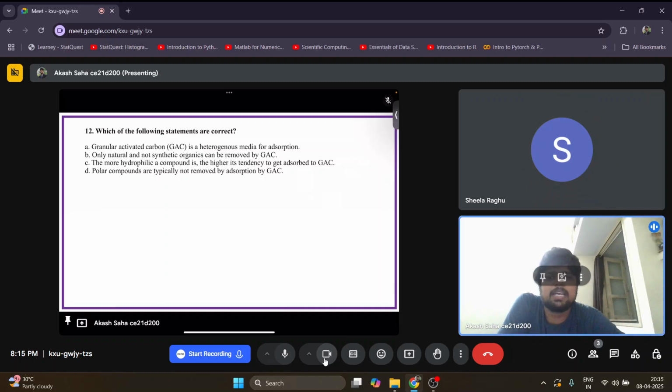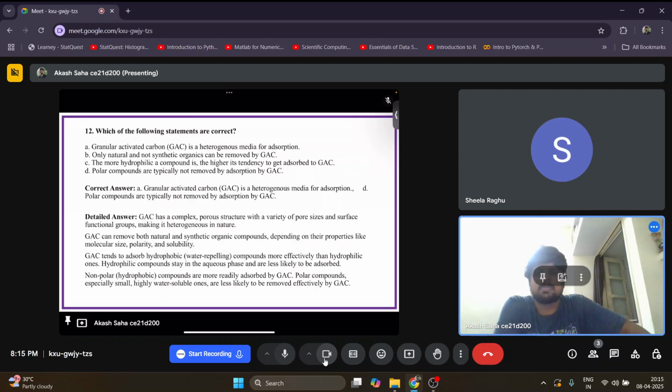You know that activated carbon is used for adsorption, right? I will directly come to the answer. This has a very complex kind of structure. There will be many pores of various different sizes, and there will be many functional groups attached to the activated carbon. These functional groups help the contaminant get adsorbed onto it.